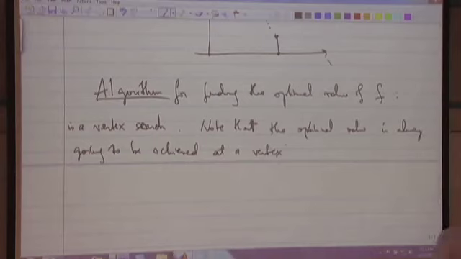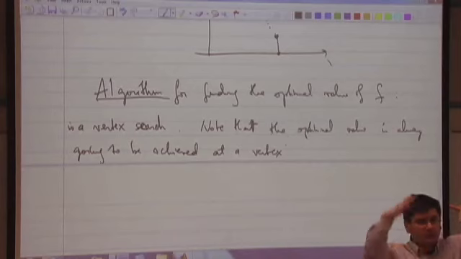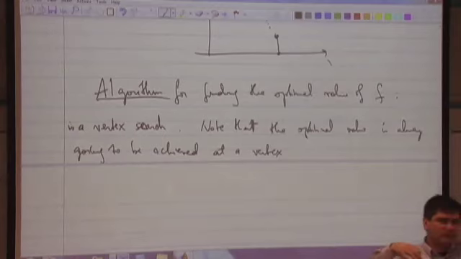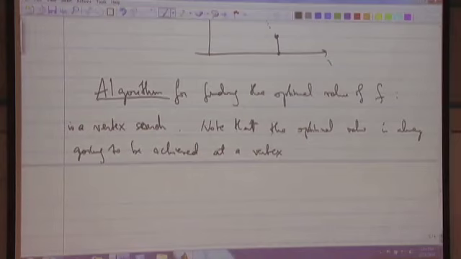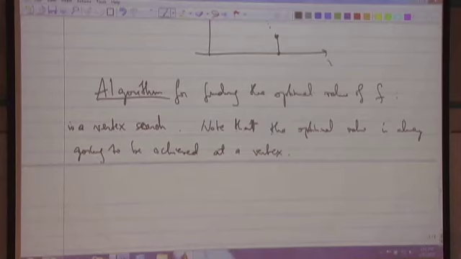Now it may not be a unique vertex, because as I said, if you have a face or an edge that is parallel to that hyperplane that you're sliding, you're going to hit it along the whole edge rather than just a single vertex. But it's enough to say, if I'm able to evaluate that function at each vertex and find the vertex where the function takes the maximum value, then we're done, right? The only problem is you may have lots of vertices that you don't know how to calculate. Okay?